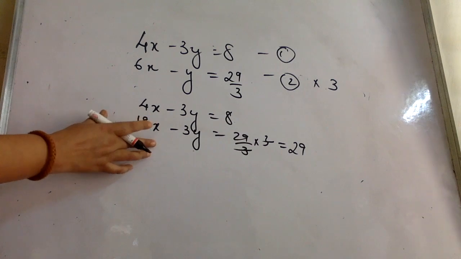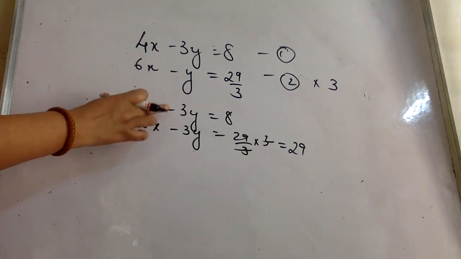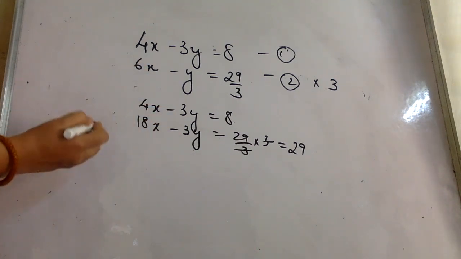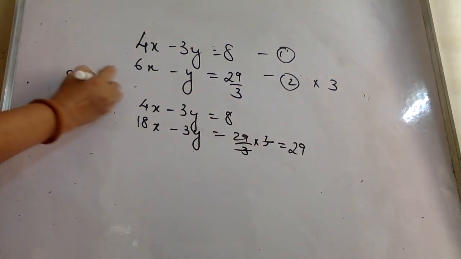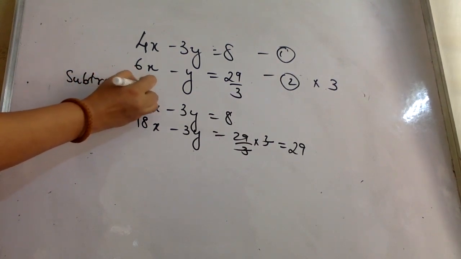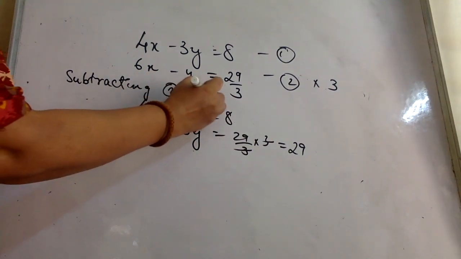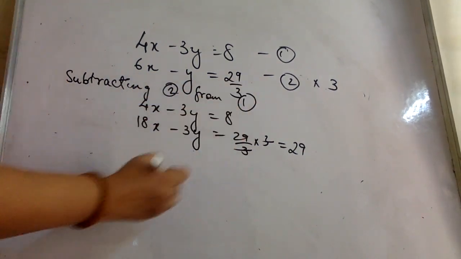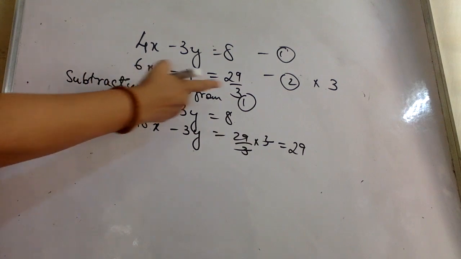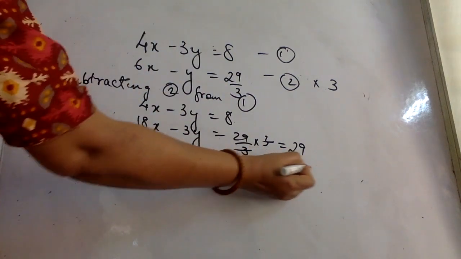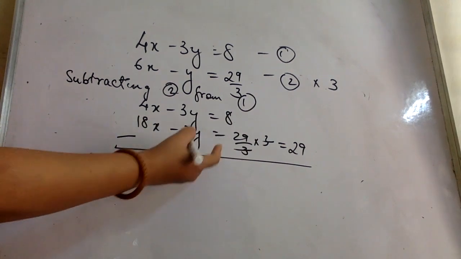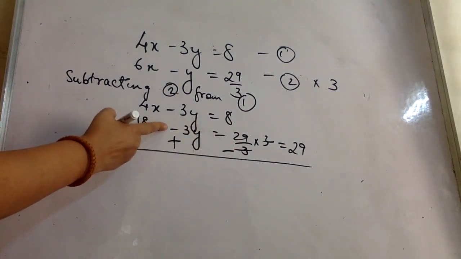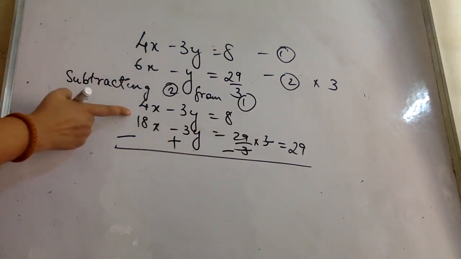Now if I add them, it's not going to go, it's going to remain as 6y. So I'll have to subtract. I can write here: subtracting equation 2 from equation 1. Now that we are subtracting, we'll change the signs. If this is a minus, it changes to a plus, and if it's a plus, it becomes a minus.